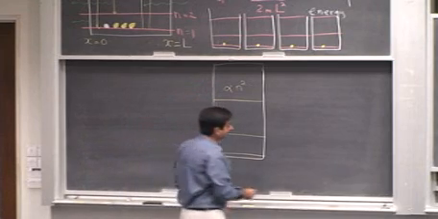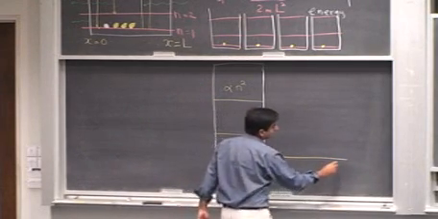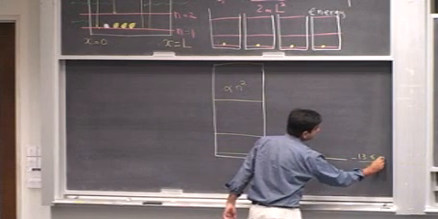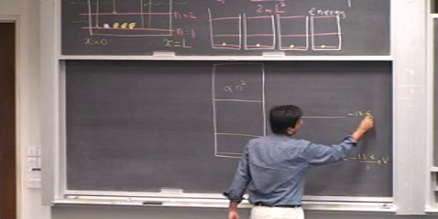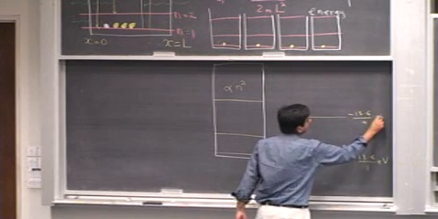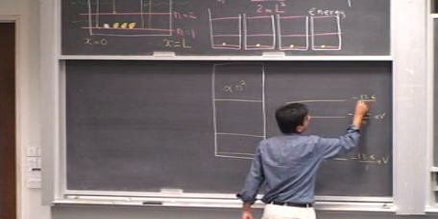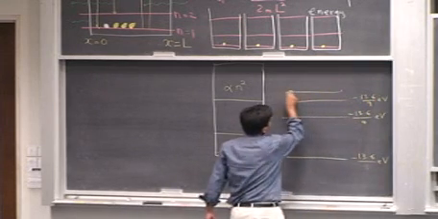For the hydrogen atom, we found the energy levels to be minus 13.6 over 1 electron volts, minus 13.6 over 4 electron volts, minus 13.6 over 9 electron volts, and so on.